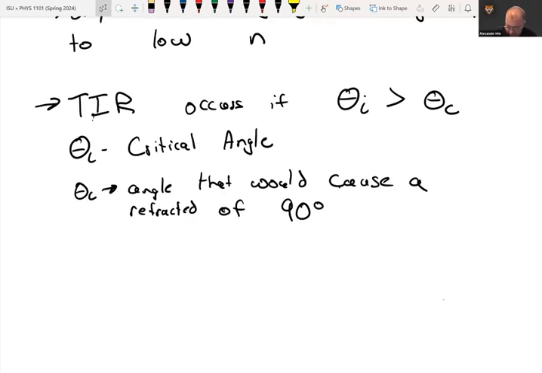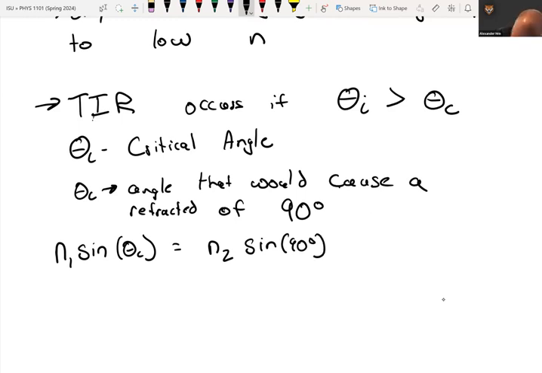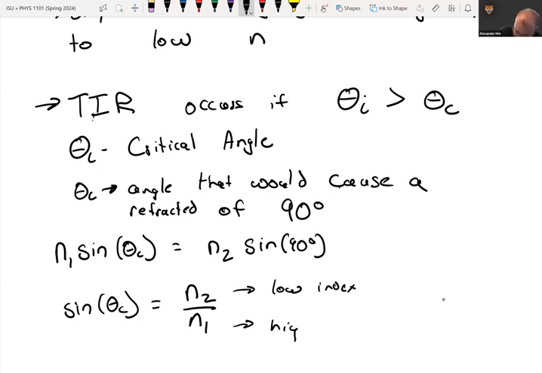So the way you find the critical angle is you have N1 sine of your critical angle equals N2 sine of 90 degrees. As a reminder, sine of 90 degrees is just 1. So once we rearrange, sine of your critical angle is equal to N2 over N1. It's important to remember that N2 is the low index and N1 is the high index.